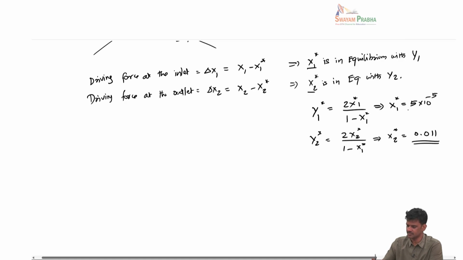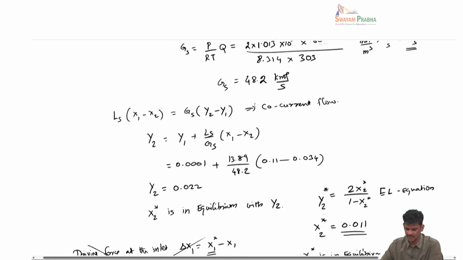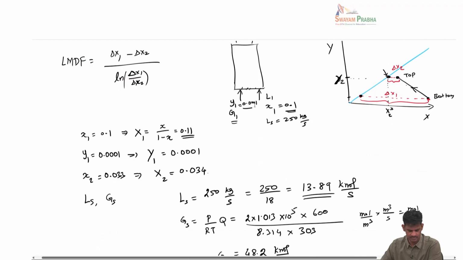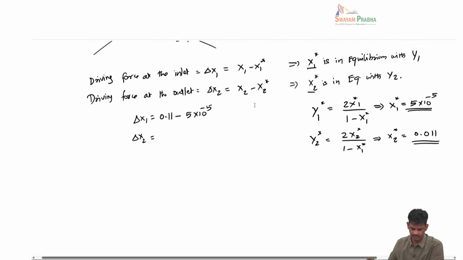So we use these equilibrium values and get the value of delta x1, which is 0.11 minus 5 into 10 power minus 5, and delta x2 is equal to x2, 0.034, minus x2 star, 0.011.